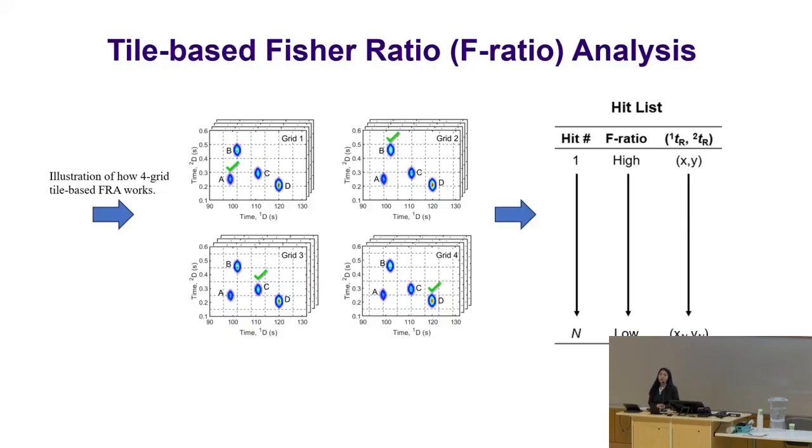The F ratio is also calculated for each tile on a per mass channel basis. Finally, we end up with a hit list ranked by the F ratio, and we also get the hit location. We can do further identification and quantification.